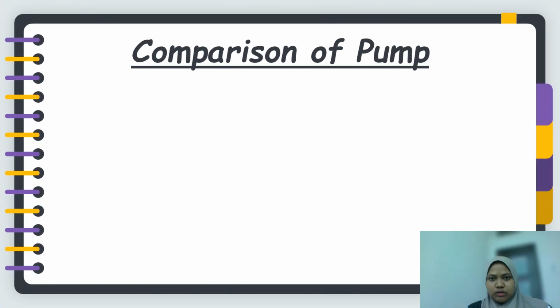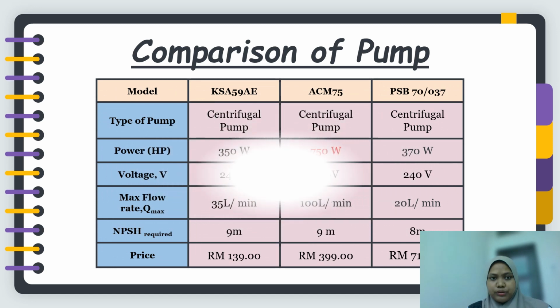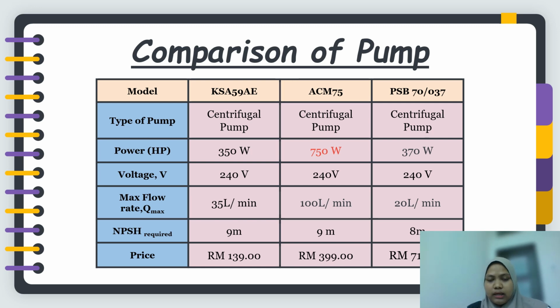Okay, so the comparison of pumps. Our group chose 3 models to compare. First model is KSA55AE, second ACM75, third PSP70/037. All these models have the same type of pump, which is centrifugal pump.